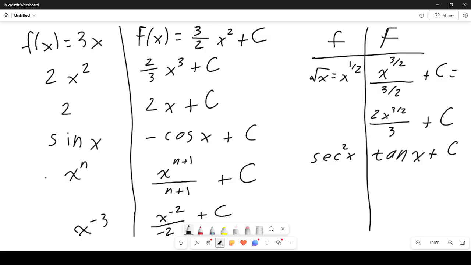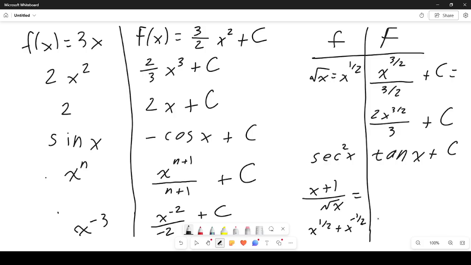Last one is x plus 1 over square root of x. Remember, we're going to simplify this first. This is x to the 1/2 plus x to the negative 1/2. Now, some of y'all will do this and then circle that as your answer. I've got it written in another column to remind you that this is not actually the derivative or antiderivative. All you did is simplify.